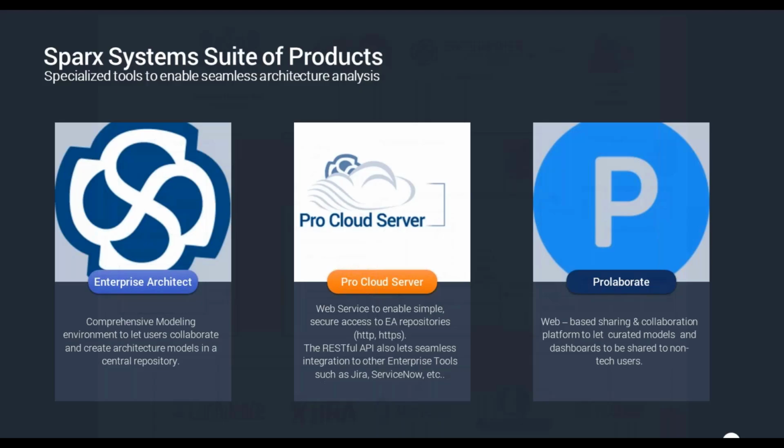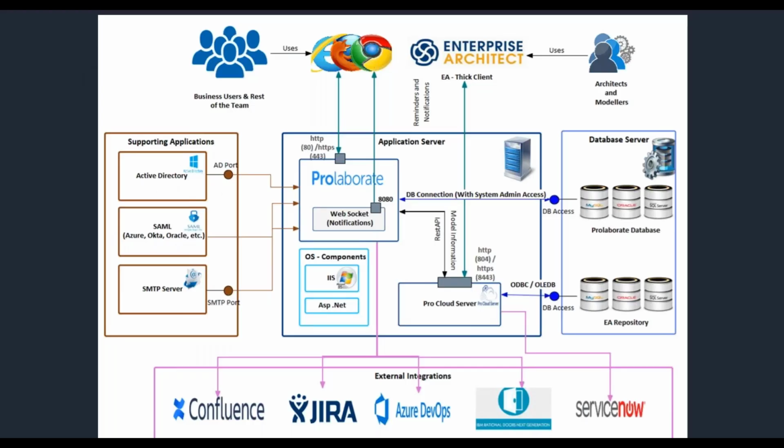So let me quickly step into the technical view of what a typical environment will look like. Behind the scenes, this is what your IT team or your infrastructure team would have taken to set up the enterprise architect and the cloud or the web tools that we spoke about in the previous slide.